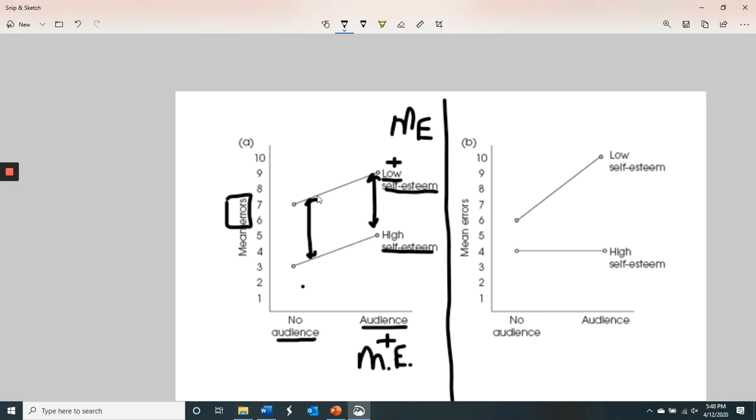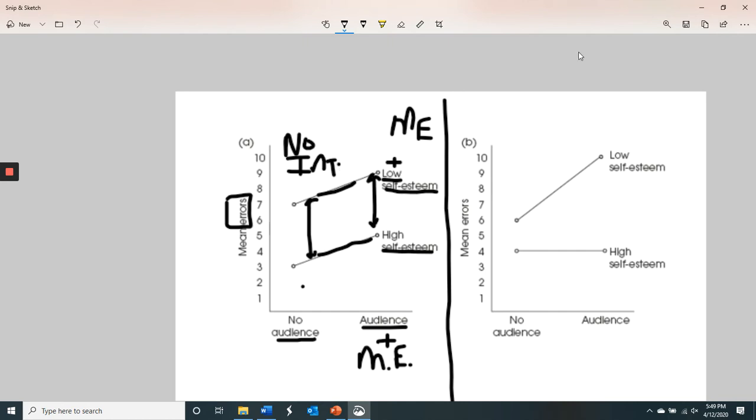The slope of the line here looks like it's the same as the slope of the line here. It looks like it's equal. So there's no difference in the slope. The lines are parallel, so it looks like we have no interaction with these data.